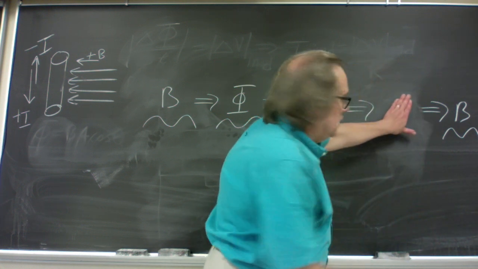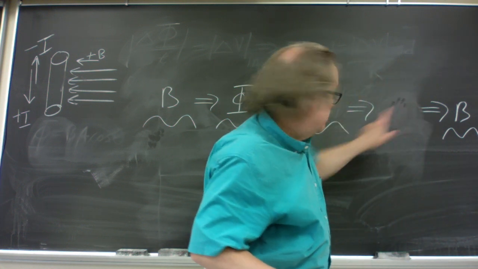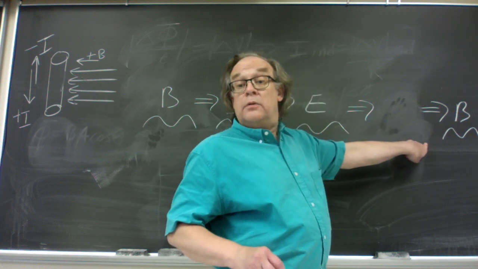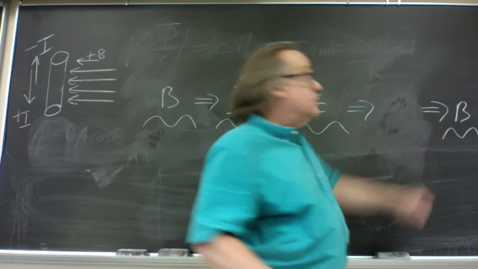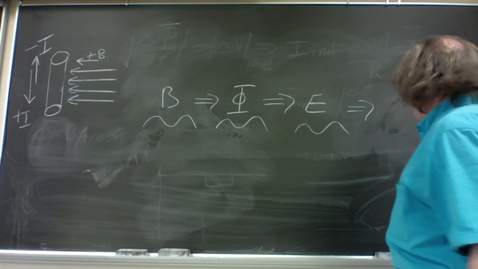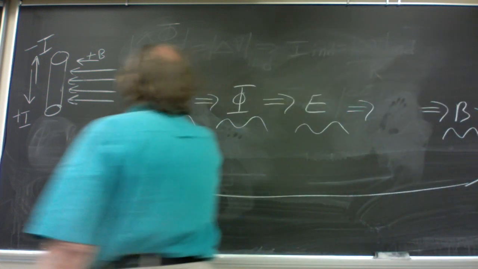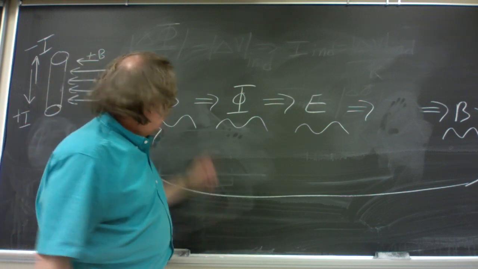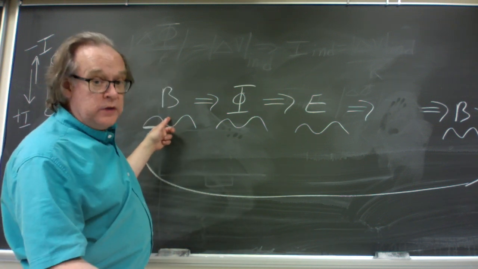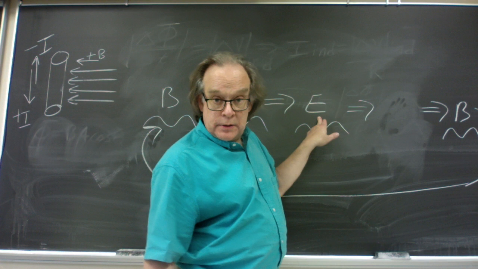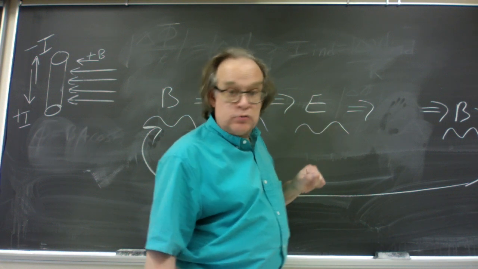So even if there's no loop and therefore no current, the amazing thing is that this step still happens. And then what have you got? You've got an oscillating field. So you're right back to this situation, except now this field is the new field that was produced by the oscillating electric field.